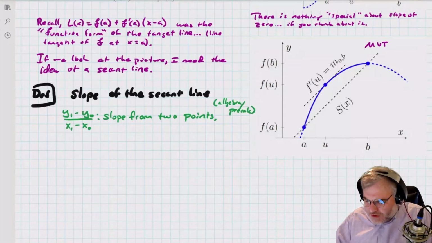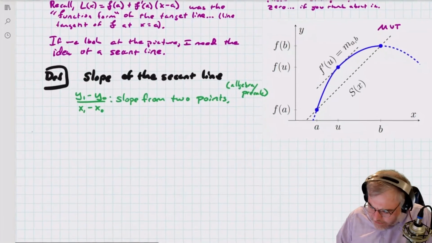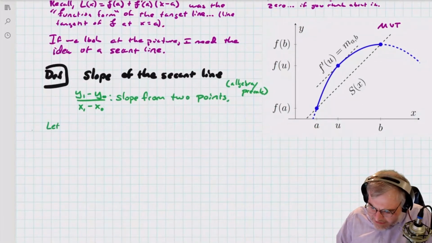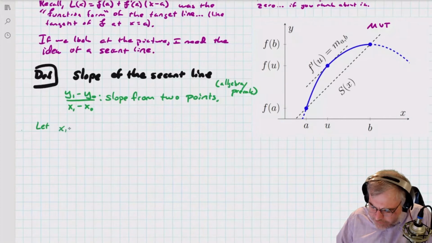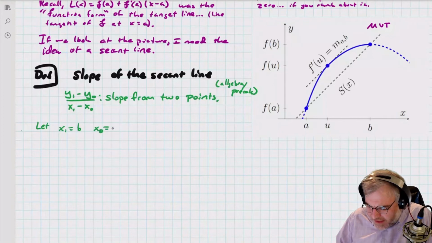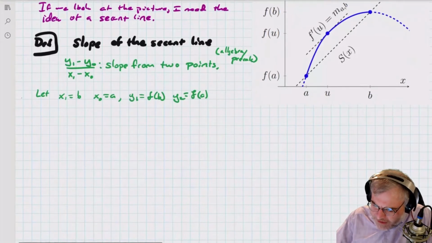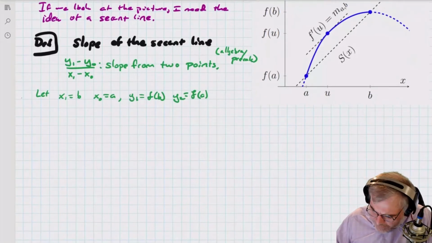We're going to let x1 equal b, x0 equal a, y1 would then equal f of b, and y0 would be f of a. So the slope of the secant line is going to be this.